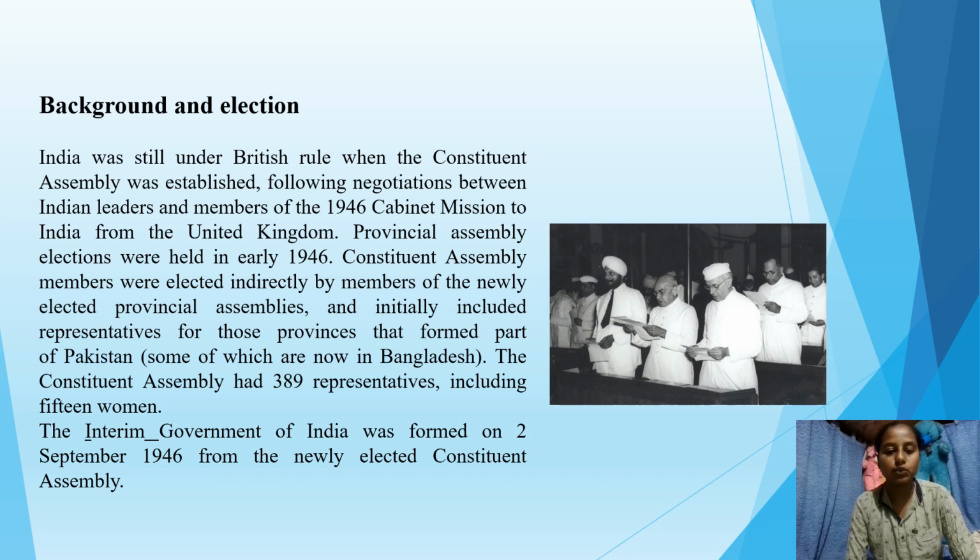Constituent Assembly members were elected indirectly by members of the newly elected provincial assemblies and initially included representatives for those provinces that formed part of Pakistan, some of which are now in Bangladesh. The Constituent Assembly had 389 representatives, including 15 women. The interim government of India was formed on 2 September 1946 from the newly elected Constituent Assembly.